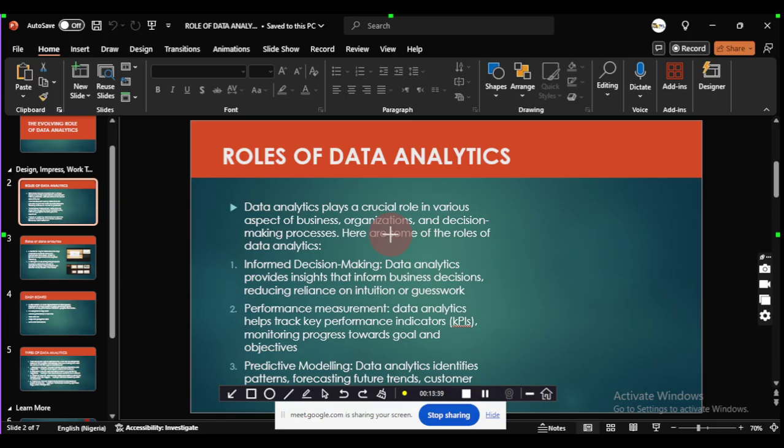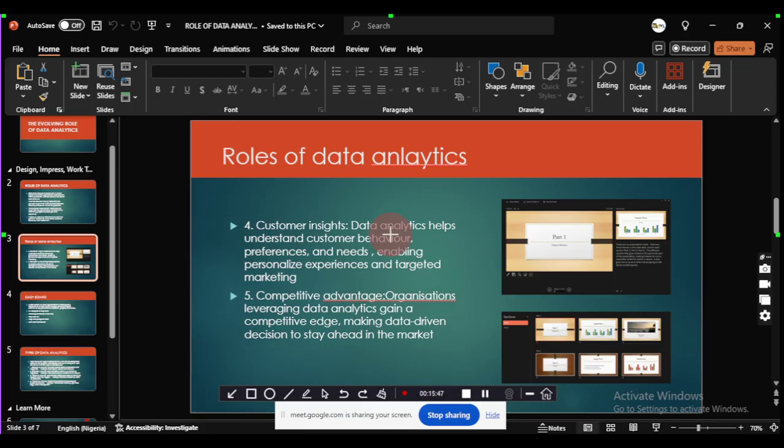That means any company with a data analyst finds it very easy to compete with other companies in the industry. You can have a target for a particular year, so you know what to put in place to beat your competitors in the field. That is what it's all about.